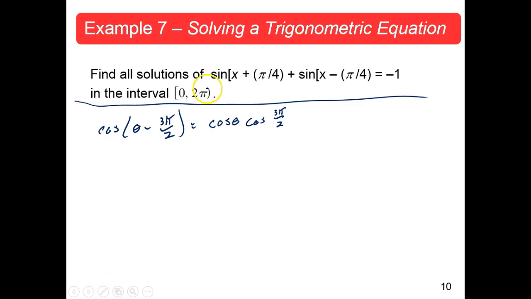Remember, cosine, you flip signs. Plus. Next. Anybody? Sine of theta. I feel like a dentist up here pulling teeth. Okay. Next. Sine of 3/2 pi.